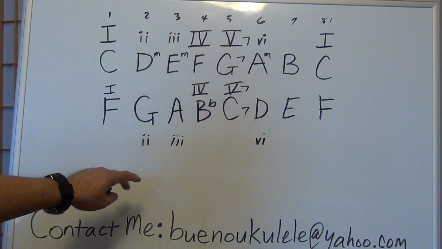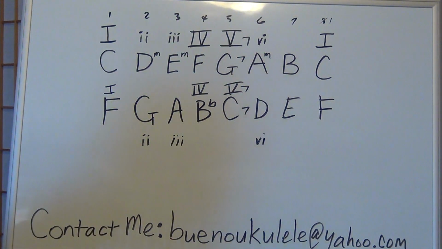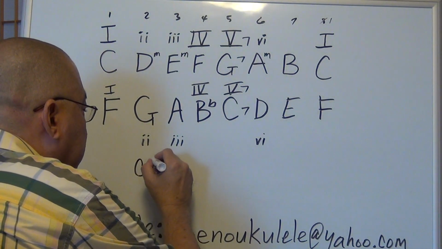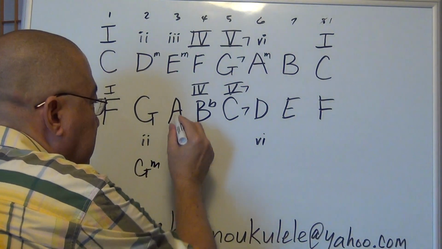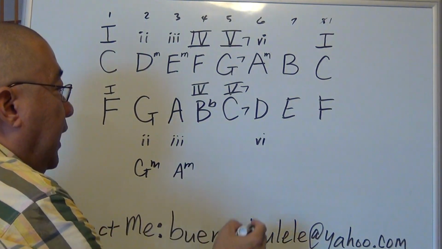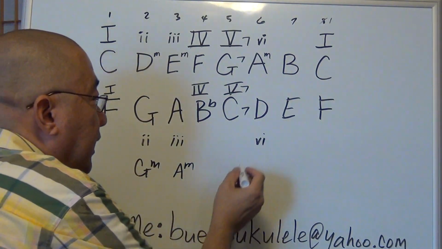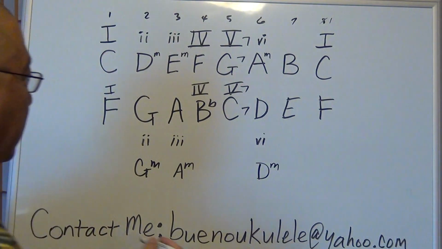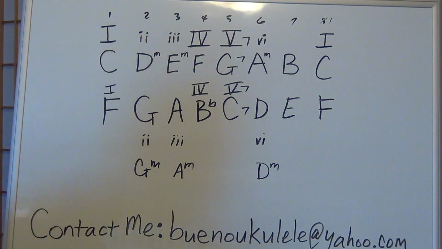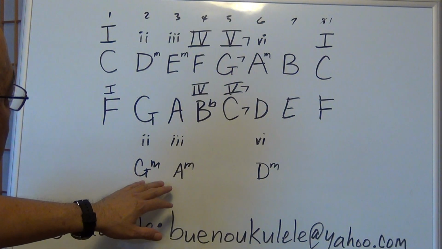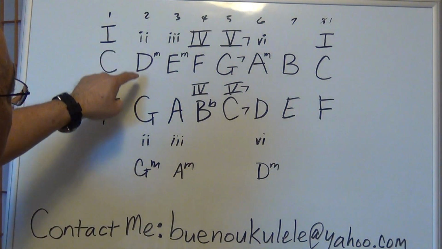Okay, so whenever you have a small Roman numeral, that means it is a minor chord. So this is now a G minor. This becomes an A minor. Well, it's always been an A minor, actually, in the key of F. And this is a D minor. So you see it's the same thing, right? G minor, because it's a small minor chord.